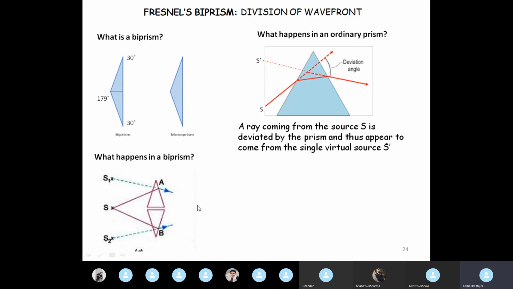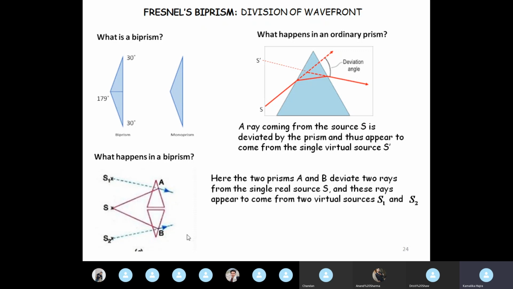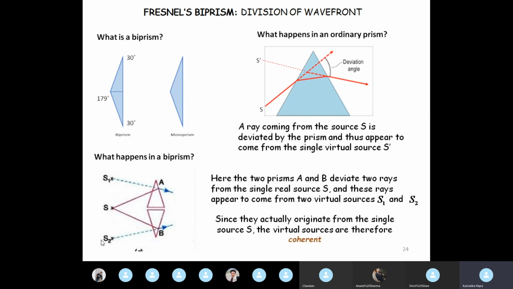So if you extrapolate these two deviated rays, they appear to come from two separate sources, S1 and S2. All right. So two prisms A and B deviate the two rays from a single real source S, and they appear to come from two virtual sources S1 and S2.